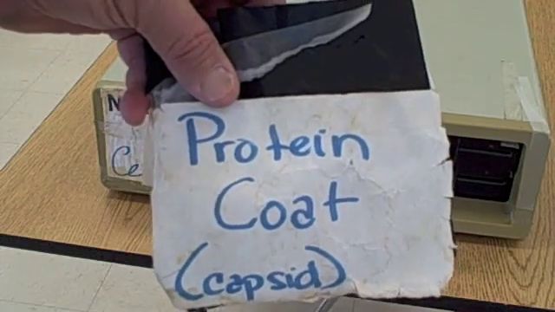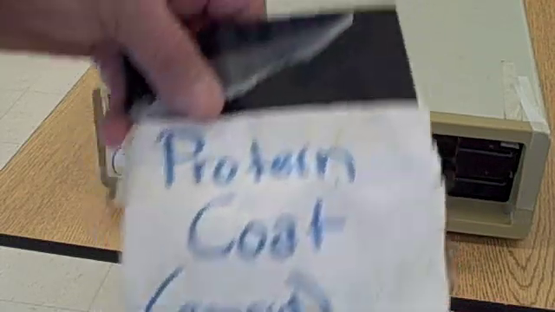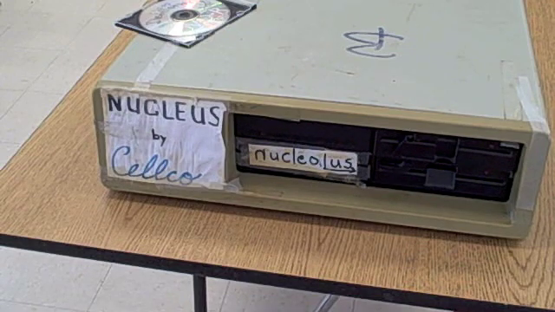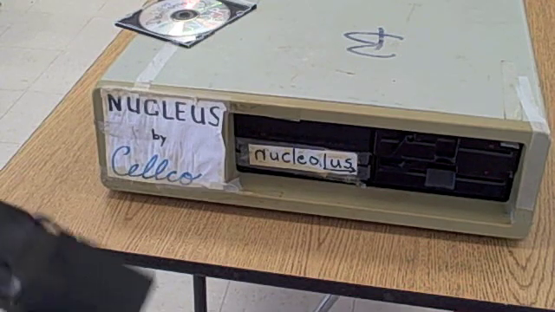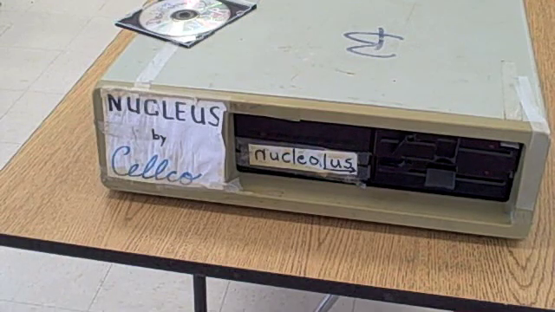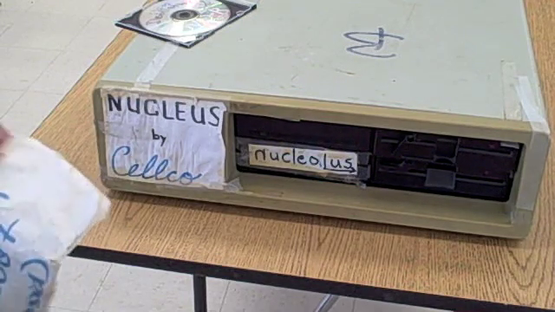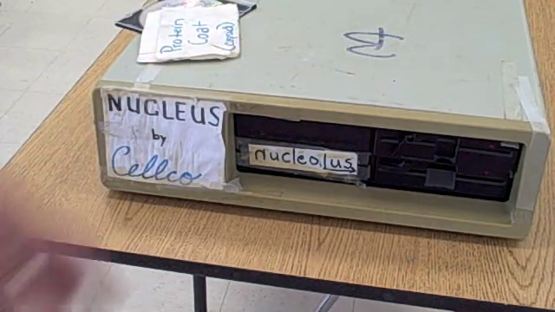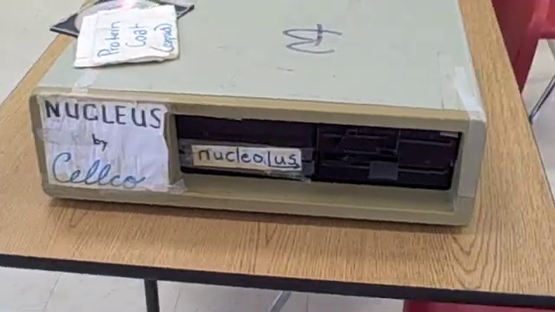But anyhow, back to the nucleus. Inside the nucleus are little dark regions that we see whenever we look at it under the microscope. Those dark regions inside the nucleus are basically the same as the drives.